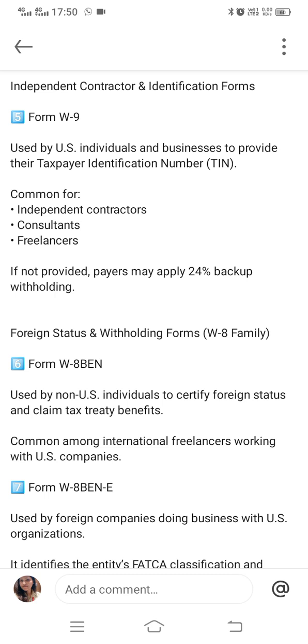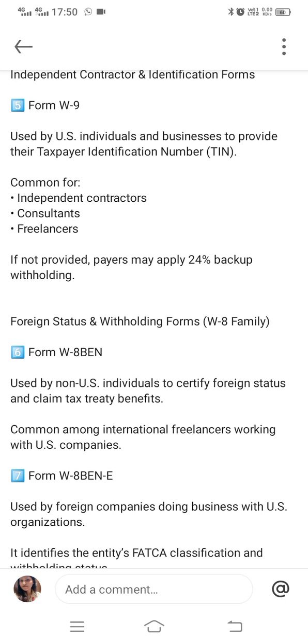Now comes form W9, used by US individuals and businesses to provide their taxpayer identification number. The common people who issue this are independent contractors, consultants, and freelancers. If not provided, the payer may apply 24% backup withholding.